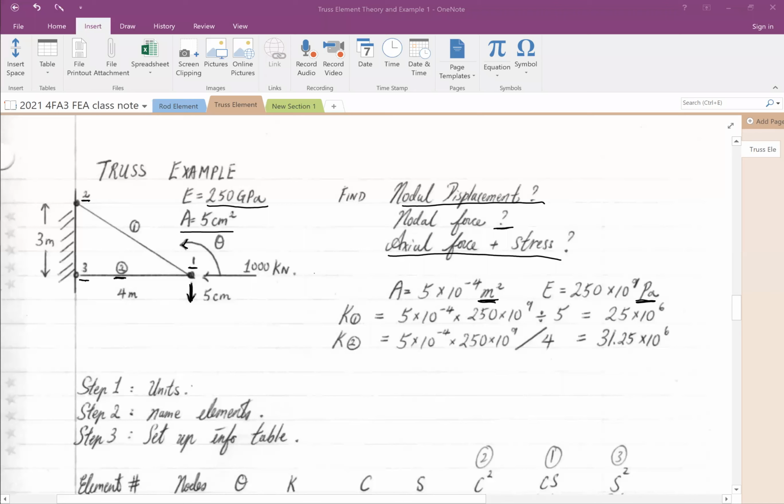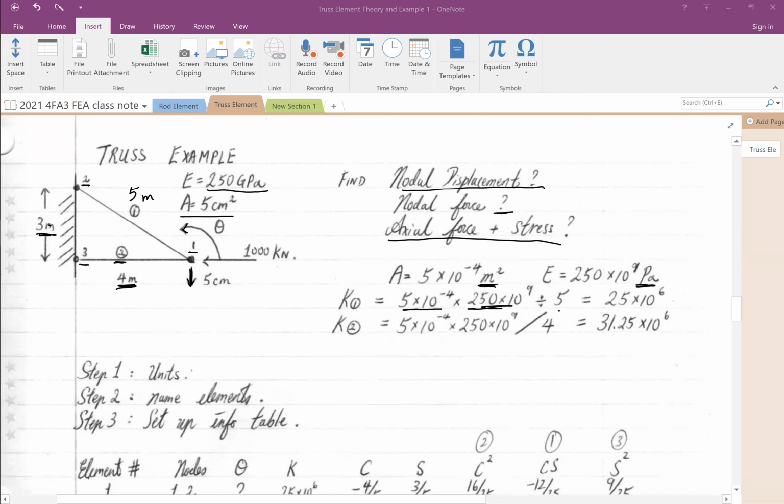In this case, we know K1 is EA over L, which is A times E divided by L. Element 1 is 5 because this is 3, 4, so this element will be 5 meters.